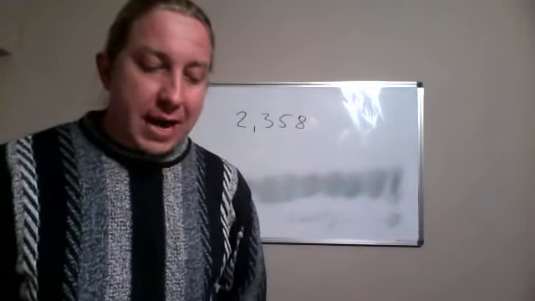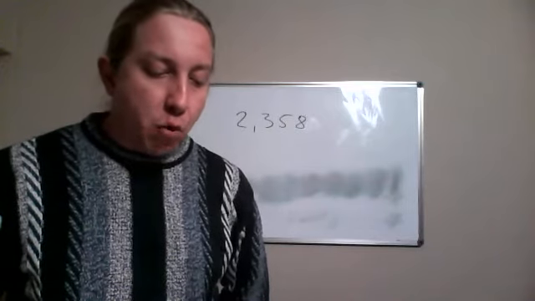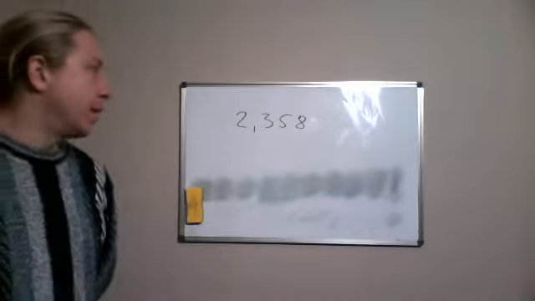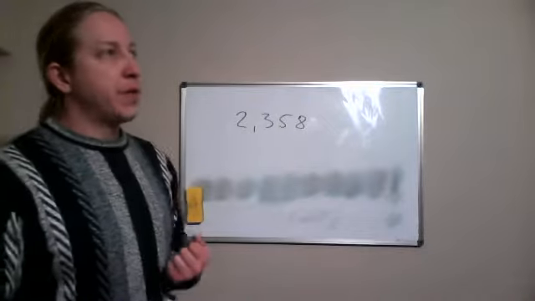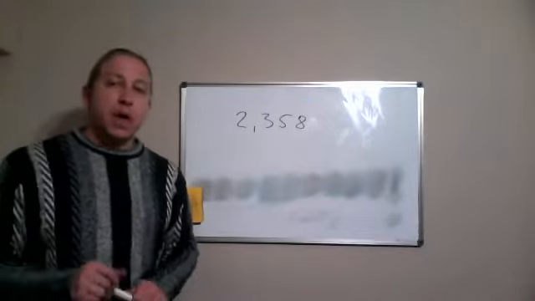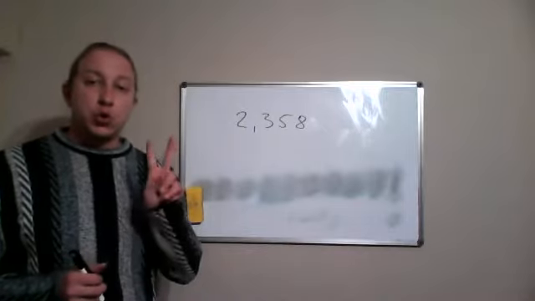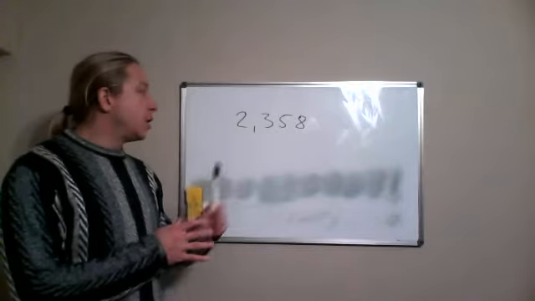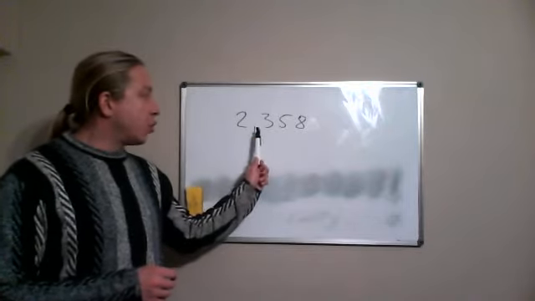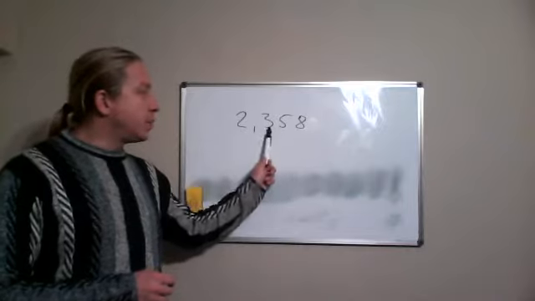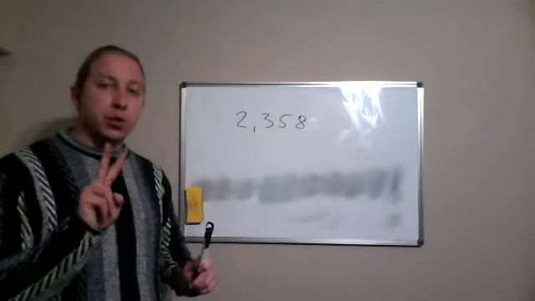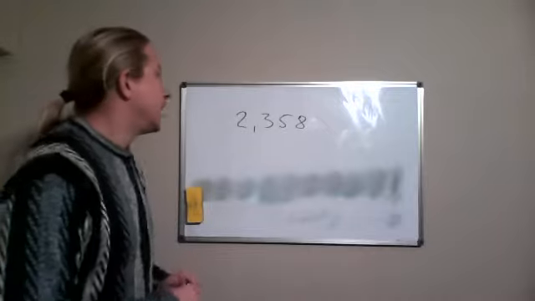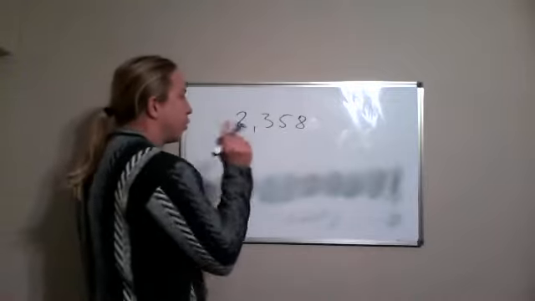If the digit has a value of 5 or more, we increase the digit to the left of it by 1. Okay, so let me give you an example. Let's say I say to you, round off this number to 2 decimal places. Now, 2 decimal places means 2 digits after the comma. So 1, 2. So what this means is that I'll only want 2 decimal places in my answer. So what they just said is that we look at the digit we want to round off.